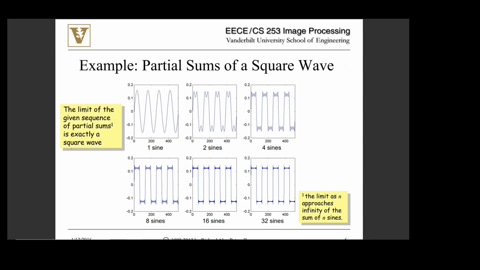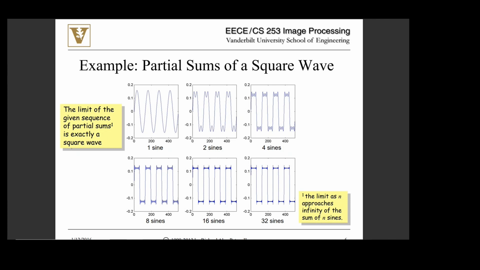By the way, why do we have these oscillations? How are they called? Ripples. These ripples occur particularly in this signal because there are discontinuities.